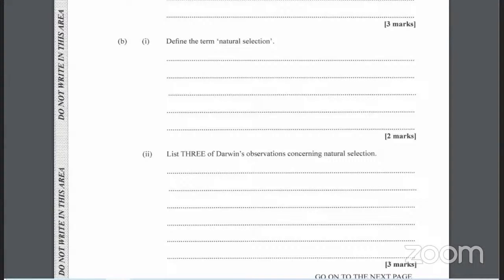So, natural selection, to summarize it all: organisms with favorable traits, and favorable traits are those suited for the particular environment.